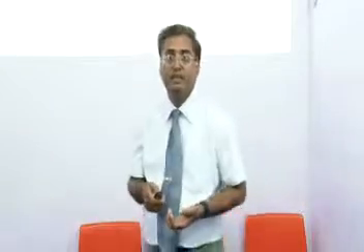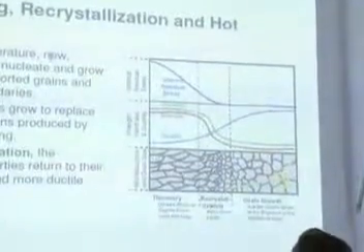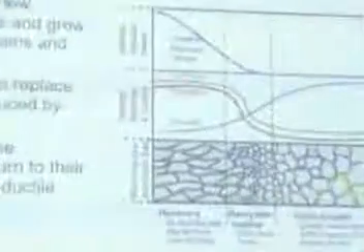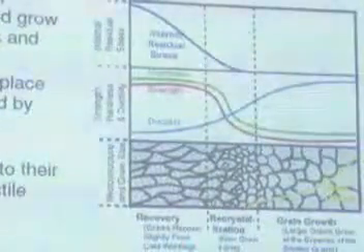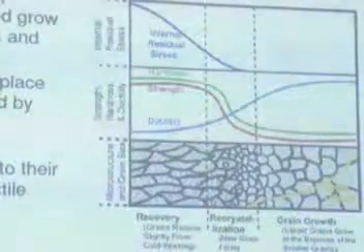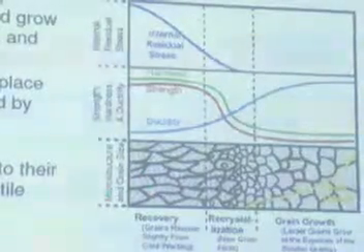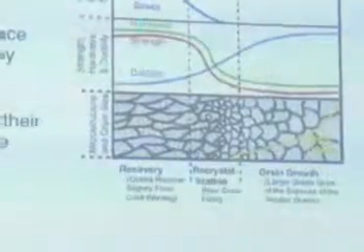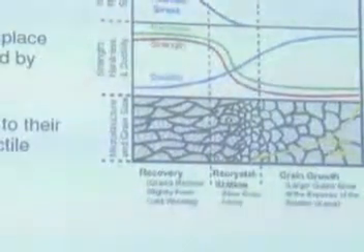One can see in this figure how the internal residual stresses and the hardness decrease, the strength decreases, and the ductility increases. One can see the recovery and the grain growth. This is the internal residual stresses.